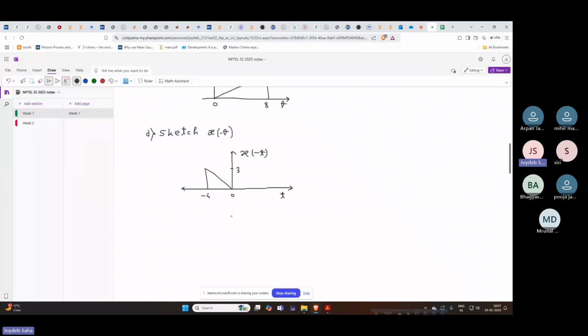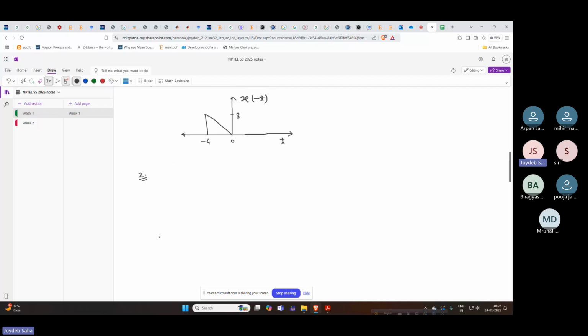Now we will solve similar type of problem in discrete time domain. Okay, so question 2: a discrete time signal x(n) is given, and how is it given?